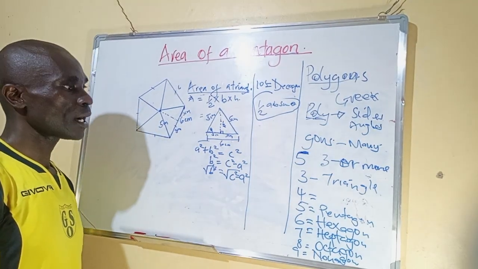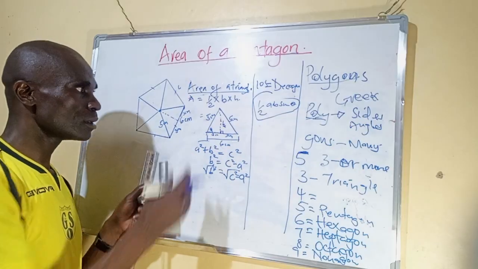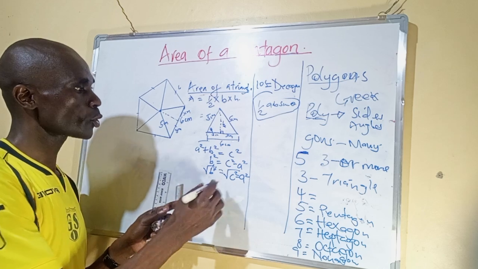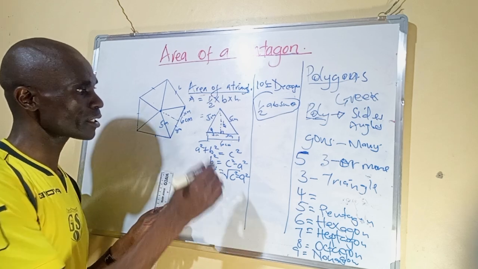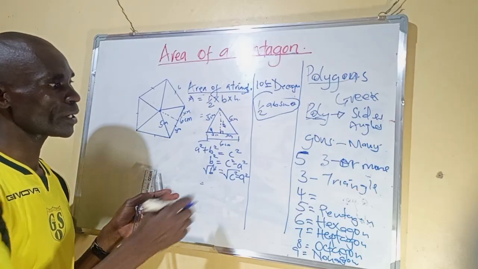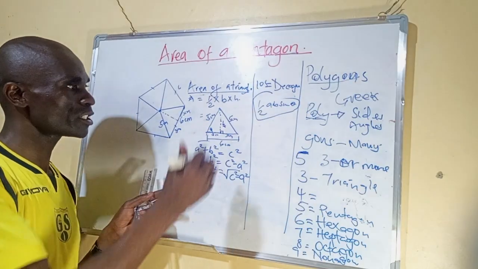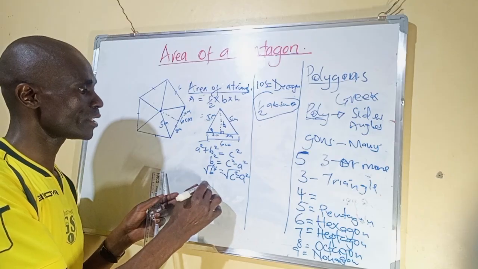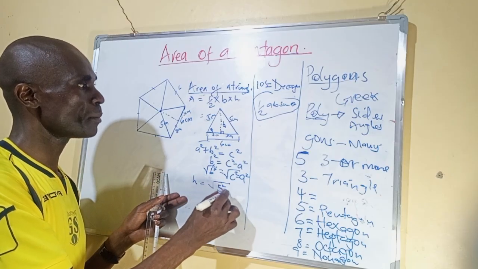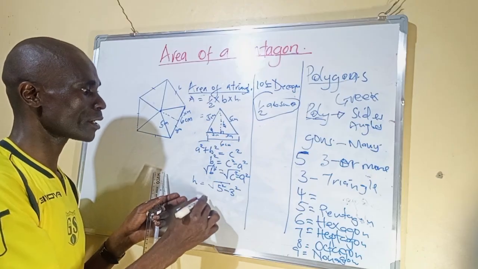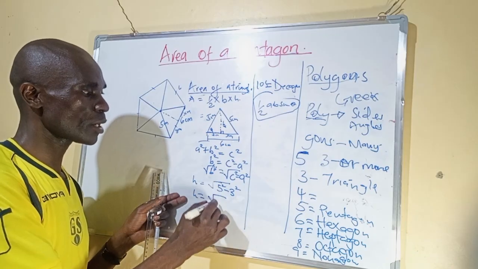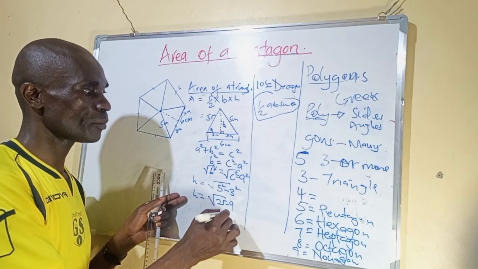So the square root of B squared will give us the square root of C squared minus A squared. I think up to there, we can now successfully and comfortably work out that height. So our height will be the square root of 5 squared minus 3 squared, that is 25 minus 9.